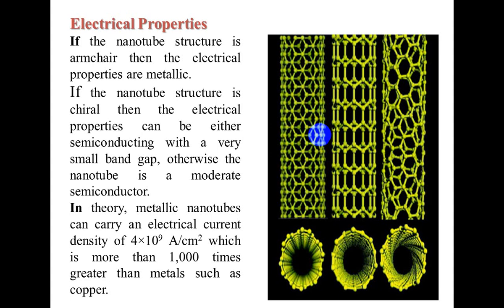In theory, metallic nanotubes can carry an electrical current density of 4 × 10^9 ampere per centimeter square, which is more than 1000 times greater than metals such as copper.